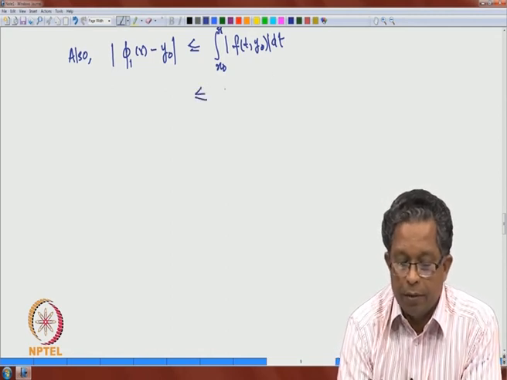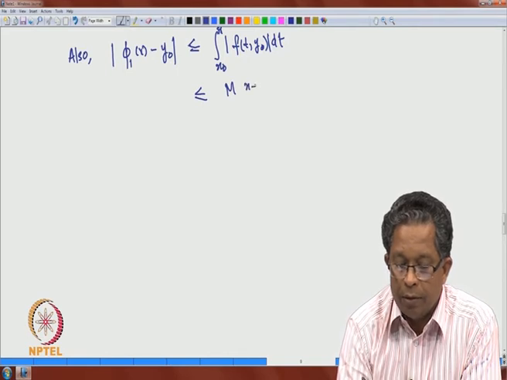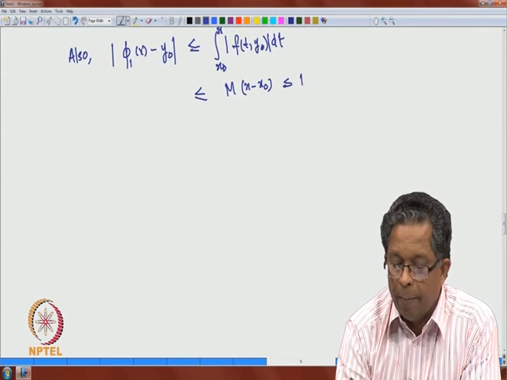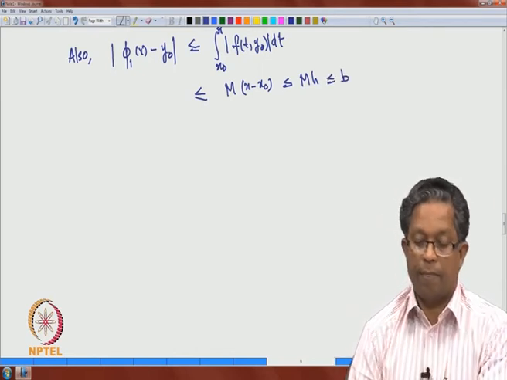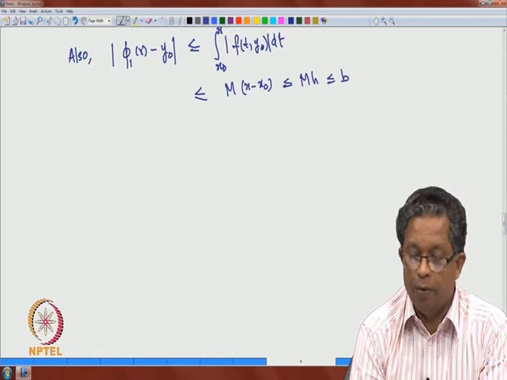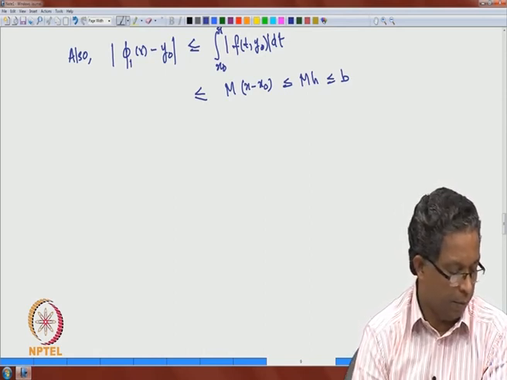So this is less than or equal to m times (x minus x 0), which is less than or equal to m h, which is bounded by b. So obviously phi 1 also satisfies these properties.